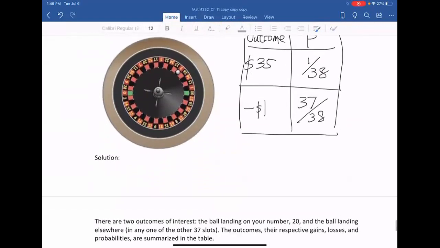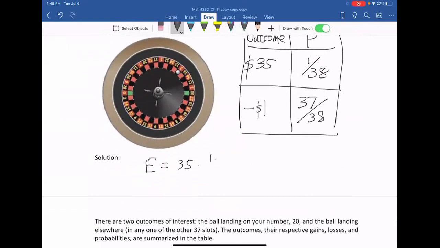So the expected value is 35 times 1 over 38 plus negative 1 times 37 over 38 equals, the bottom is 38 and the top is 35 minus 37, which is negative 2, so negative 1 over 19.